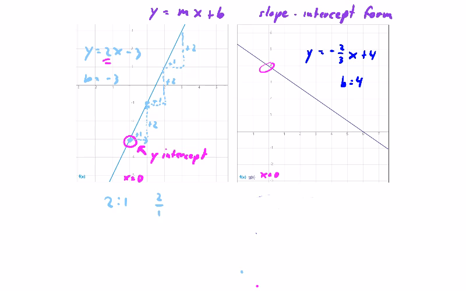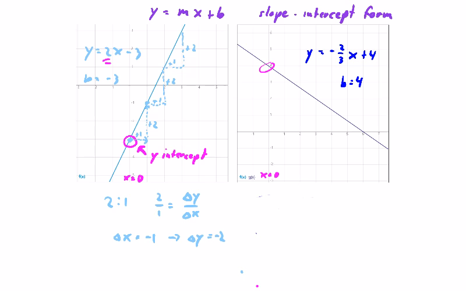So 2 over 1 is the amount that y changes over the amount that x changes. When x changed by 1, y changed by 2. If x changes by 2, y changes by 4, and so on. If we go in the opposite direction, if x were to change by negative 1, the y value would have to change by negative 2. It's still a 2-to-1 ratio.